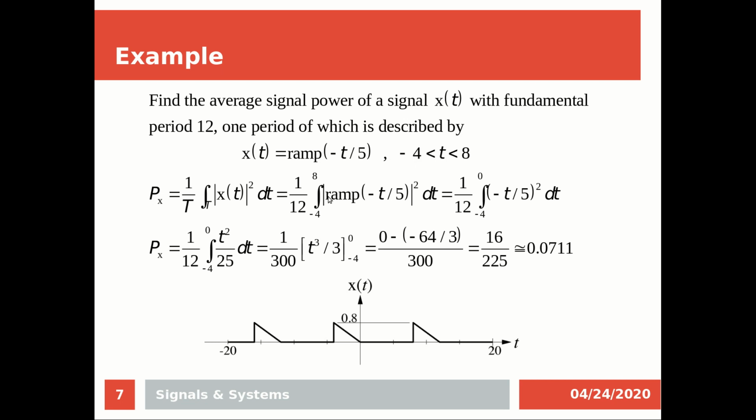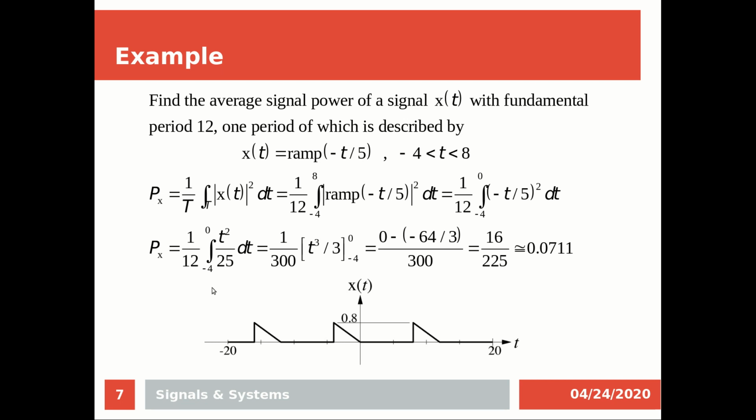Here the ramp is inverted in time, and it is also expanded. It is not t normally, it is expanded over 5.